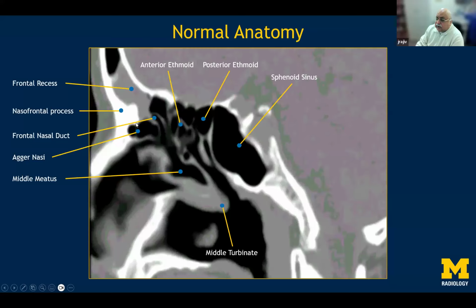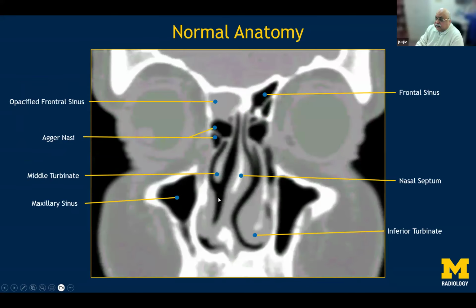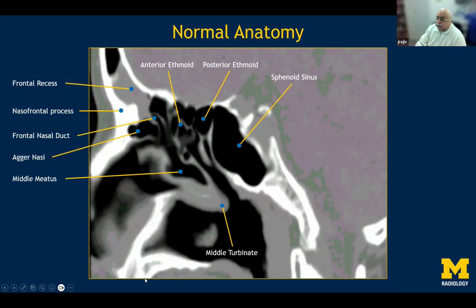This is the nasofrontal process. And then you can see the duct coming down here and going towards the hiatus semilunaris. And this is the middle turbinate. The middle turbinate is recognized on the sagittal images as a hanger-shaped structure here, which shows the anterior bulla followed by the posteriorly located plate of bone, which is the basal lamella.